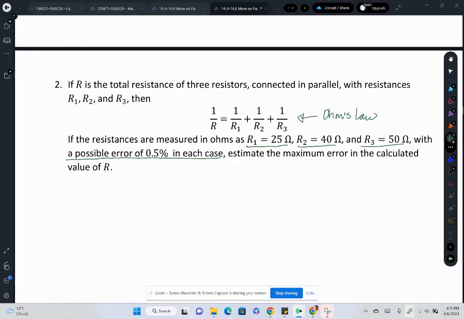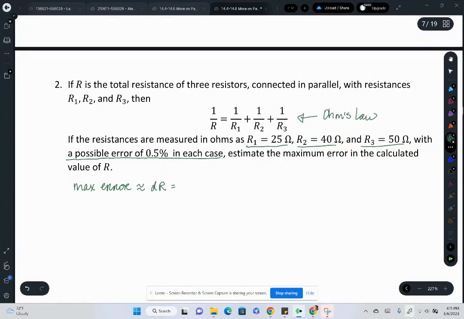Okay, first things first, the max error is approximately dR. In order to get dR, now I'm going to go by the formula that we were given earlier.